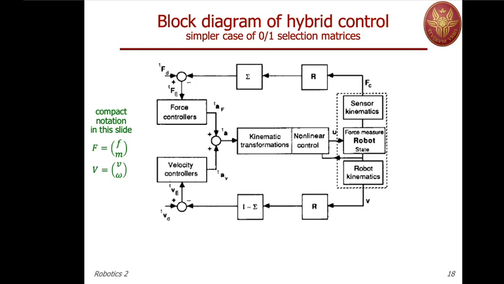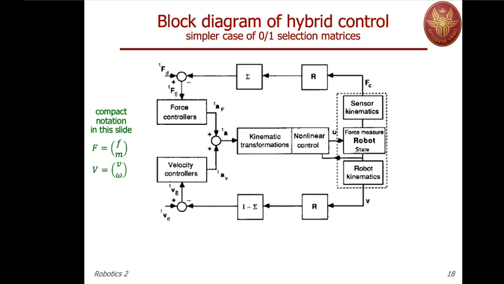Accordingly, the two matrices Y and T are in fact only selected columns of the 6x6 identity matrix. So it will be a selection matrix made by zeros and 1. This is also what you find in the textbook, in fact.